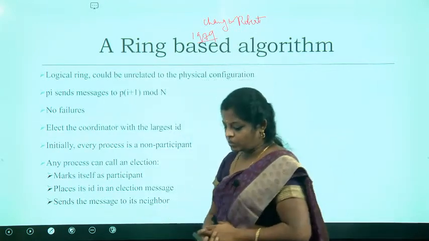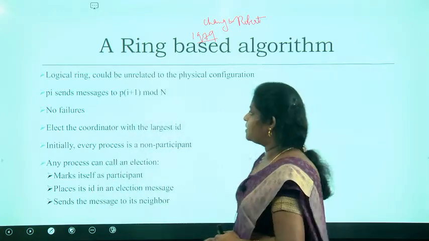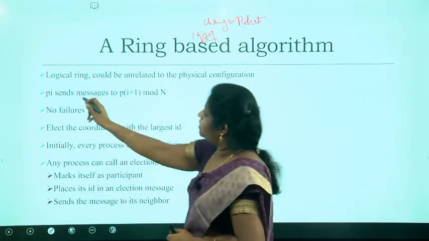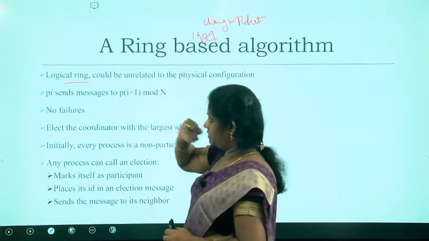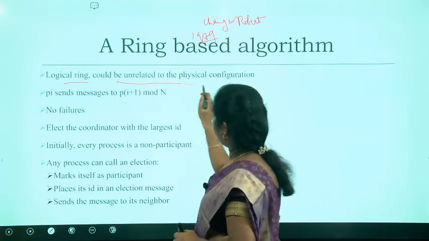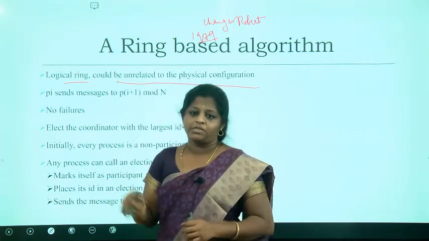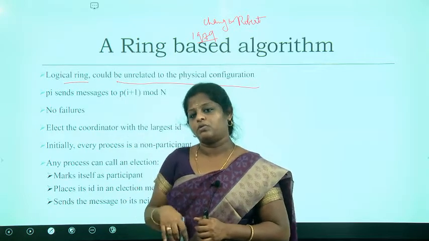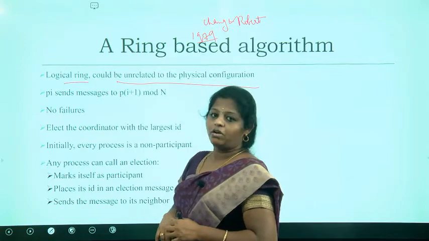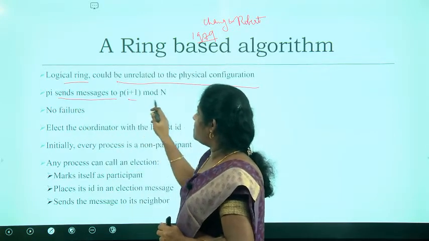We already saw in mutual exclusion how this works. The simple procedure: first, the processes are arranged as a logical ring, which could be unrelated to the physical configuration. Whatever processes want to enter the critical section are arranged as a logical ring, and Pi sends the message to Pi plus 1 mod n.